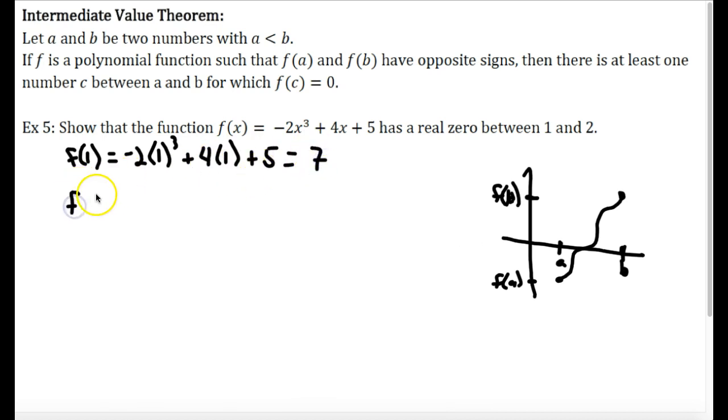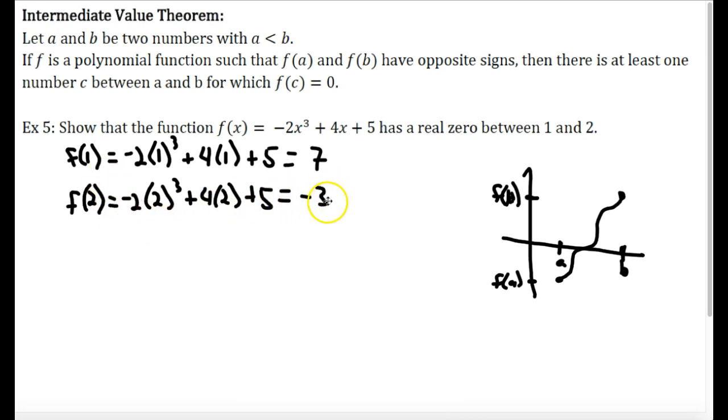And if I plug in 2, negative 2 times 2 cubed plus 4 times 2 plus 5, what do we get? 8 times negative 2 is negative 16, plus 8 is negative 8, plus 5 is negative 3.